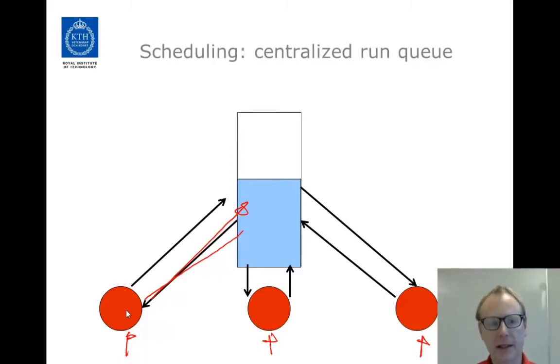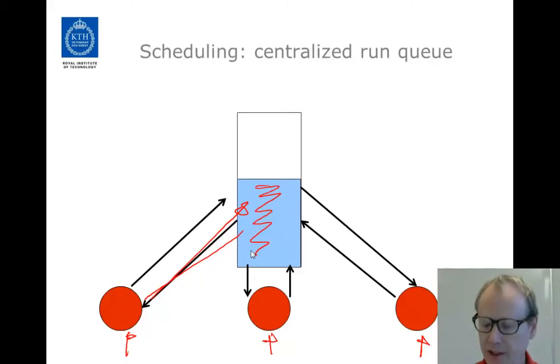It has extremely good load balancing properties, because as long as there are tasks to execute in the queue, the workers have work to do. However, the shared queue can easily become a bottleneck. So unless the work per task is very large, this centralized run queue is not a good model for scalable solutions. But this is about the implementation. This is nothing you would deal with in the code.